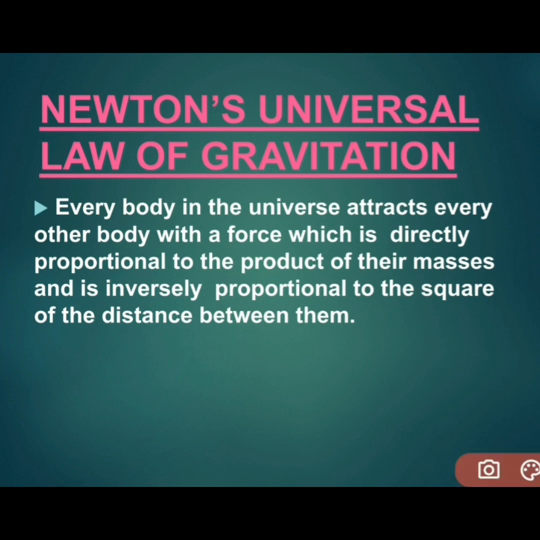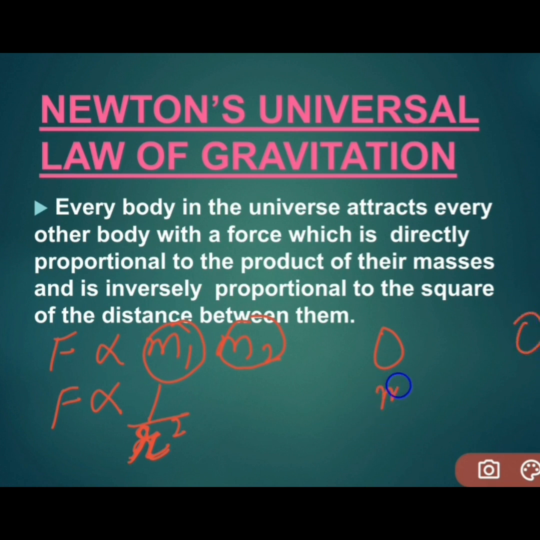So Newton stated that the force of attraction between two objects, and remember this force of attraction is acting between every two objects, is directly proportional to the product of the masses of the two objects, where m1 is the mass of the first object and m2 is the mass of the second object, and it is inversely proportional to the square of the distance between them, where r is the distance between the two objects.